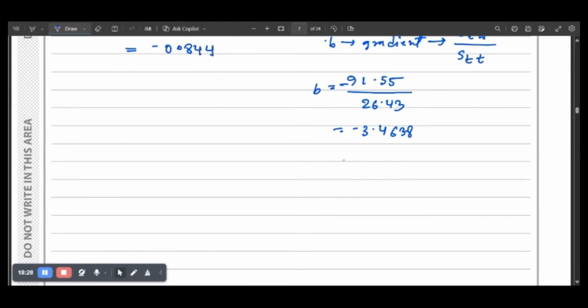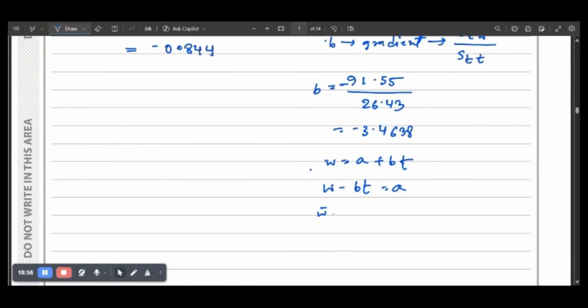As we now know the gradient, we can find the mean of T and W to use it to find a. If our equation is like this, we can find a by making a the subject of our formula.